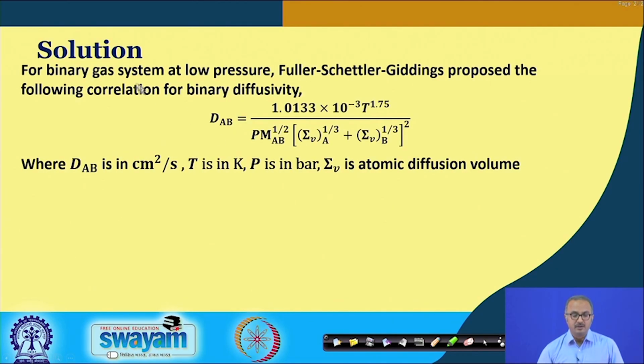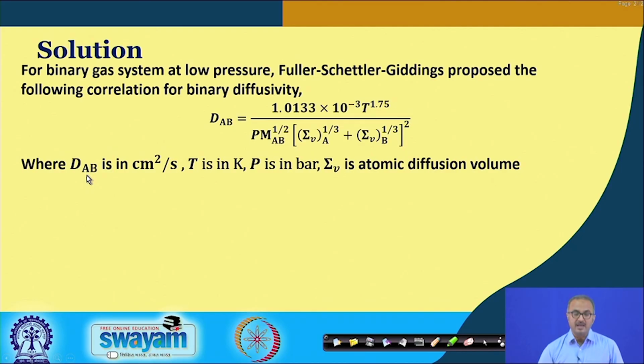Now, for the low pressure zone, Fuller-Schettler-Giddings proposed this particular correlation for binary diffusivity, meaning for a 2 component system. Here you can see that this diffusivity, DAB, varies with the temperature raised to 1.75, that is not linearly, more than linear, and with pressure as inverse of pressure, and with the square root of some average molecular weight.